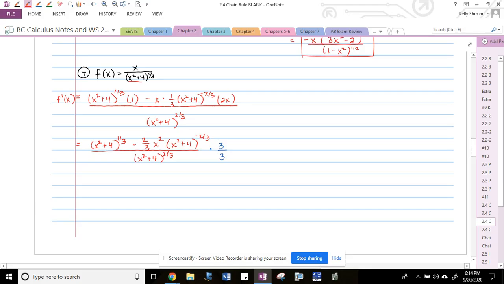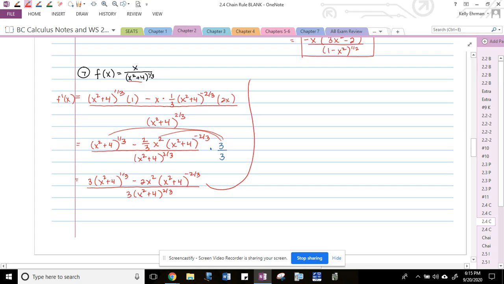So if you're going to do that, just be careful. 3 gets multiplied out here. So 3 times x squared plus 4 to the 1/3. This is now just minus 2x squared times x squared plus 4 to the negative 2/3 over 3 times x squared plus 4 to the 2/3.